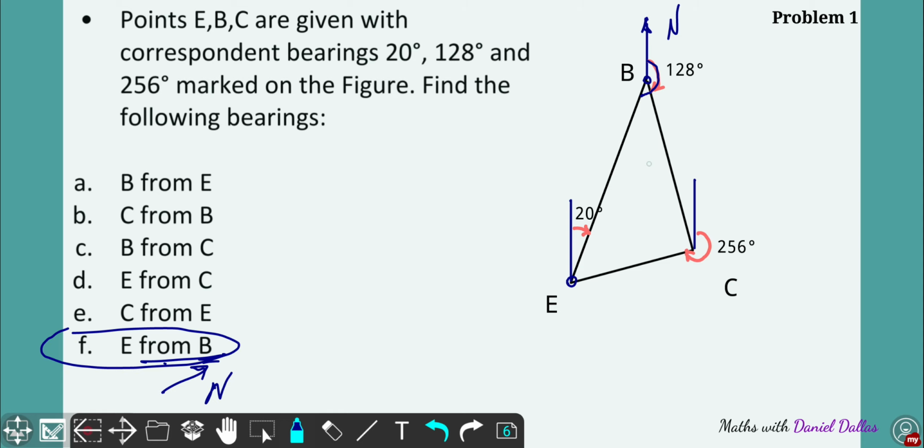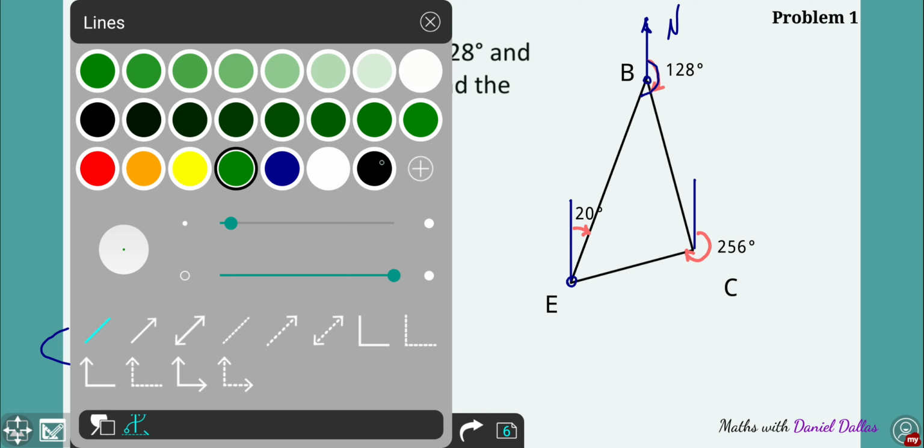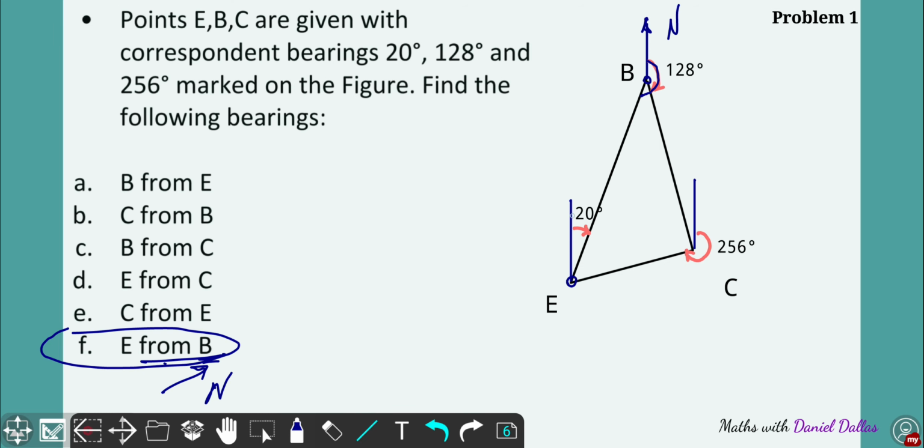But this bearing actually consists of parts. Again, use two parallel lines which are parallel to north direction. So maybe like that, it's easier. All right, so we have two parallel lines, and now we need to have a look at the angle 20 degrees. So we know the angle 20 degrees.